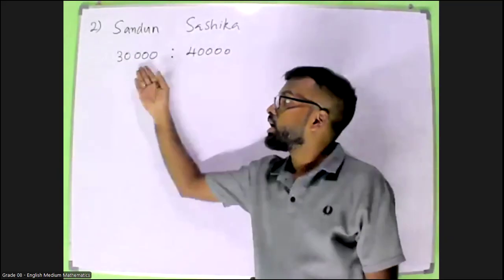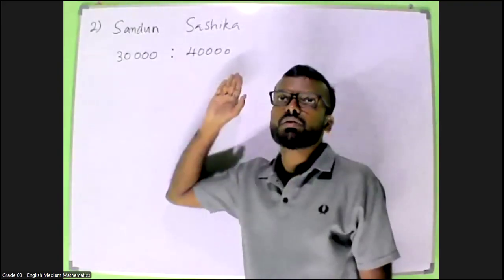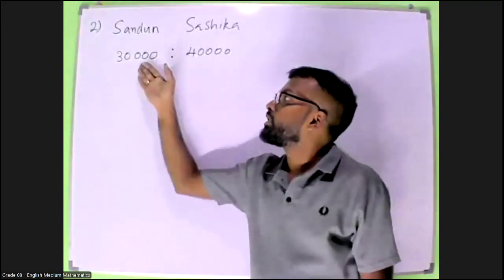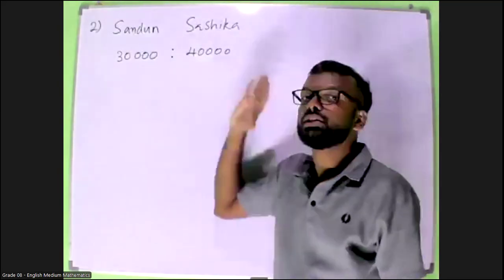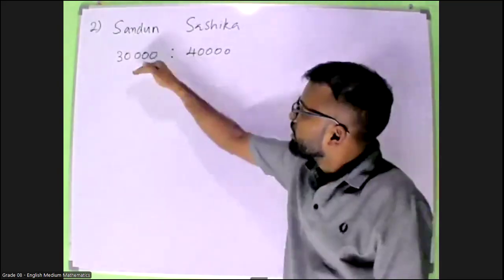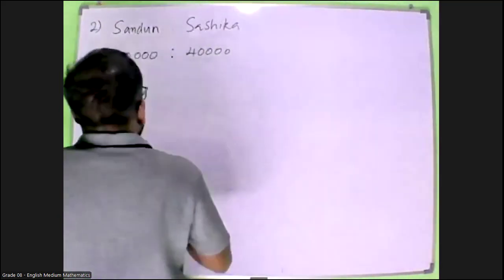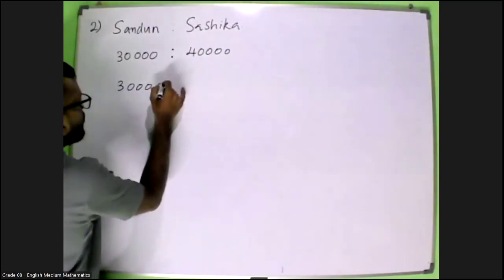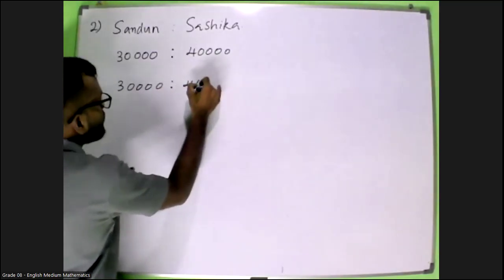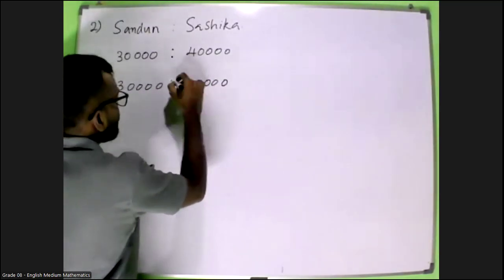You can't go the journey with these, right? So you have to get the simplest version of this. If you see something like this, 30,000, 40,000, okay, I will write it again. You have to get the simplest version.